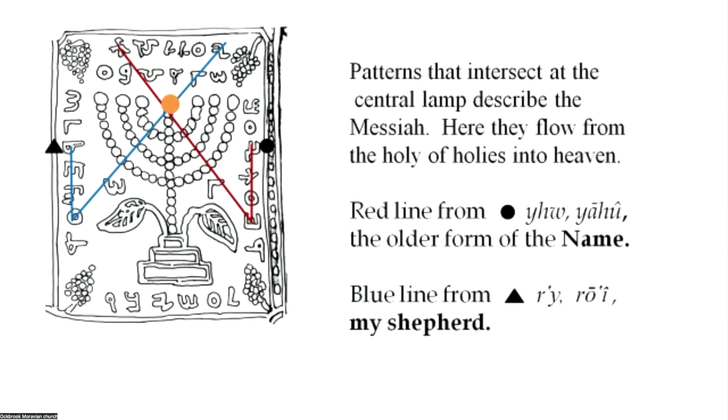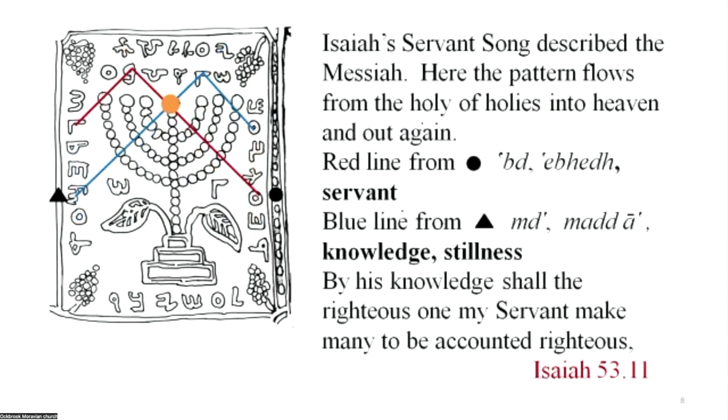Many of these describe the Messiah, and here they are flowing up into heaven. And we have Yahu, the older form of the name, that's following the red line up into heaven, and the blue line, my shepherd, the famous one. Now, Isaiah's servant song described the Messiah.